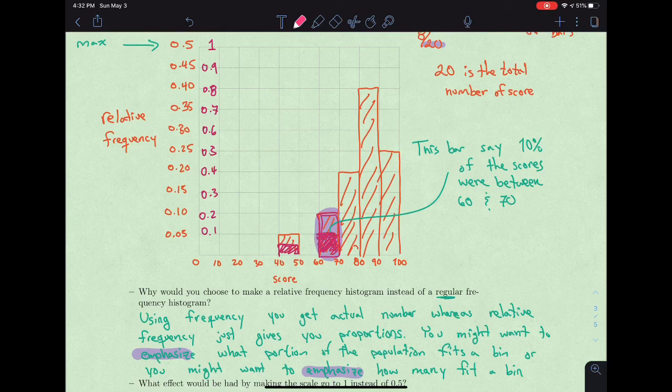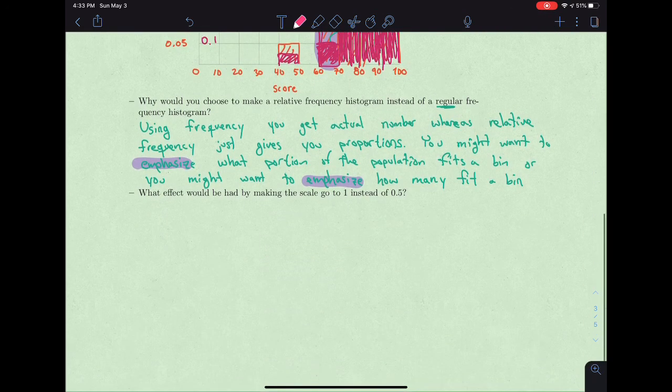And so what would happen is all of the bars would get half as tall. And so by expanding the scale, you would shrink the bars. And so this one would just be half of its current stature. So the answer here is all the bars would decrease to half of their size.